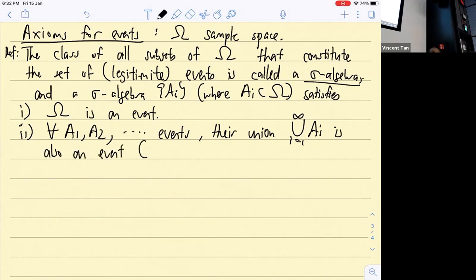So informally, this is called closed under infinite union. A sigma algebra is closed under infinite union.